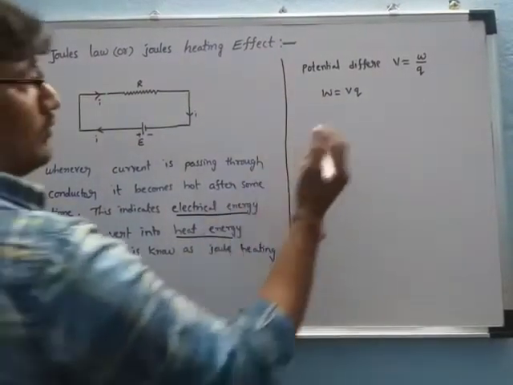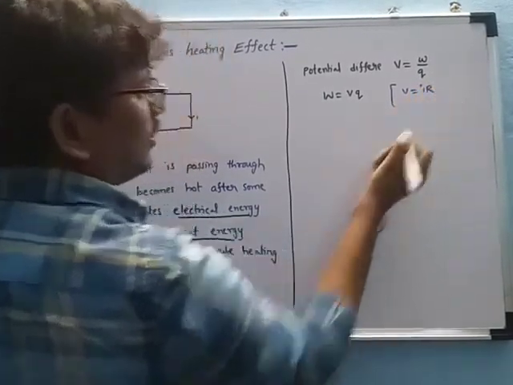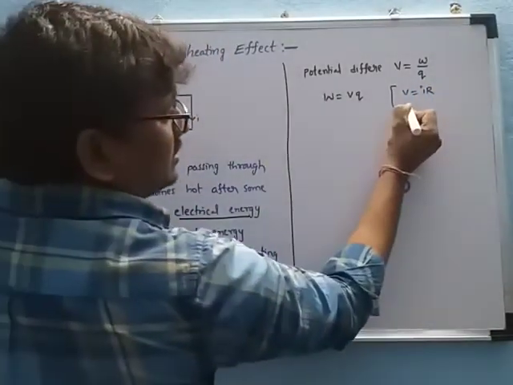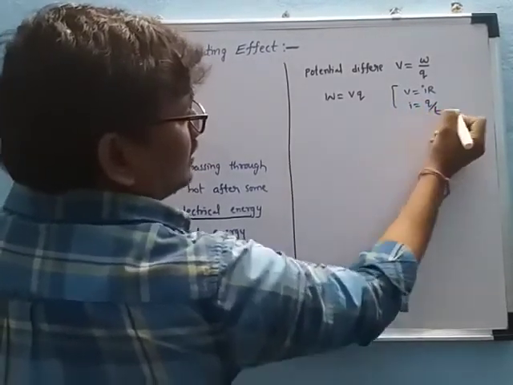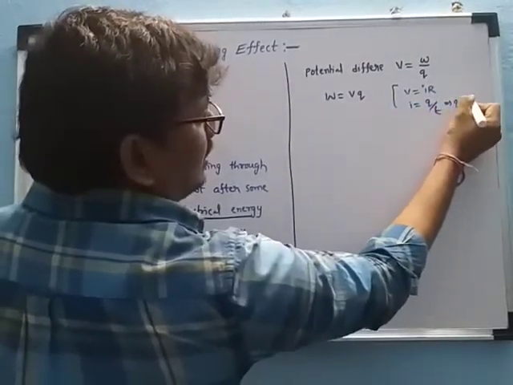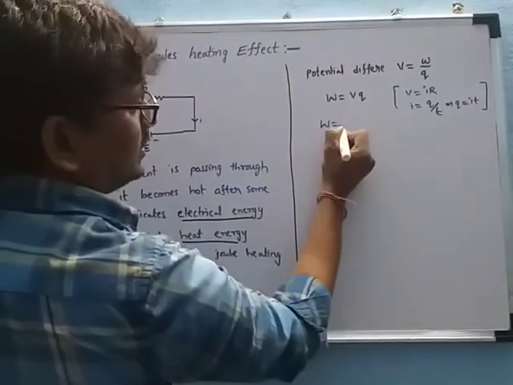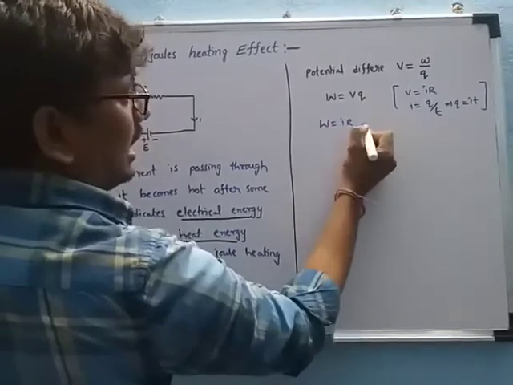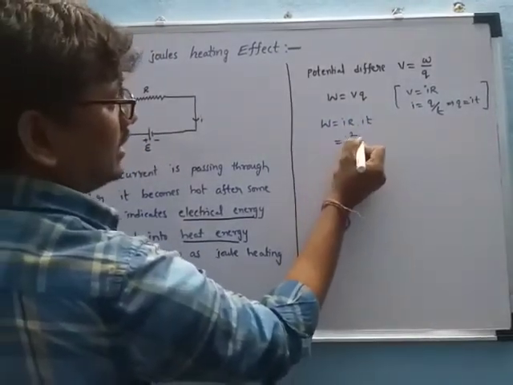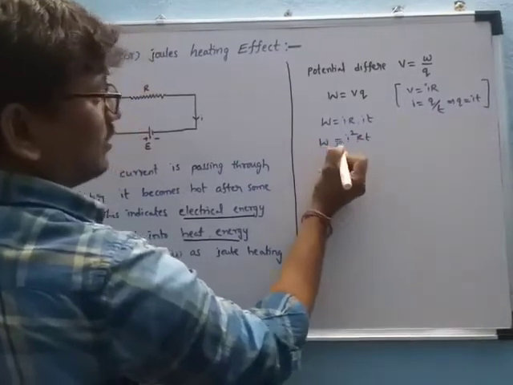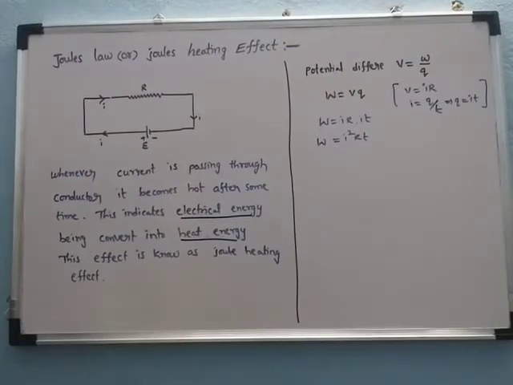From Ohm's law we can write V is equal to I into R, and the current is equal to charge per unit time, so the charge is I into t. Then we can substitute: the work is equal to I into R into I into t, that is I squared R t, which is the amount of work done when the current is passing through the resistance.